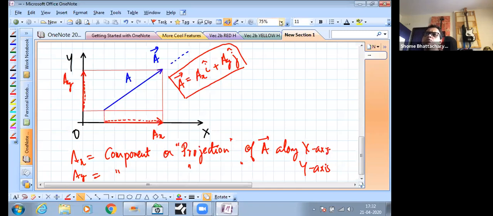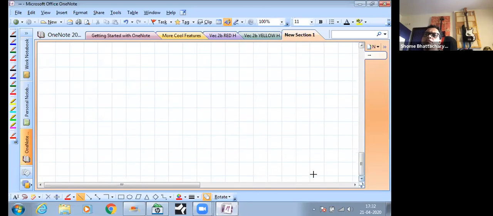Okay, so now I'm next moving on to the relationship between the magnitude of the vector and the components, and also the angle.